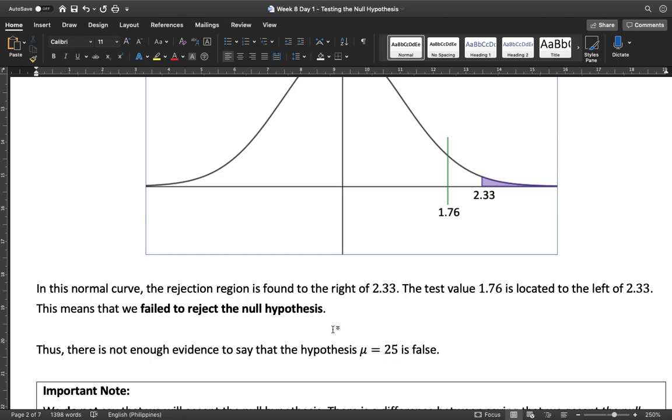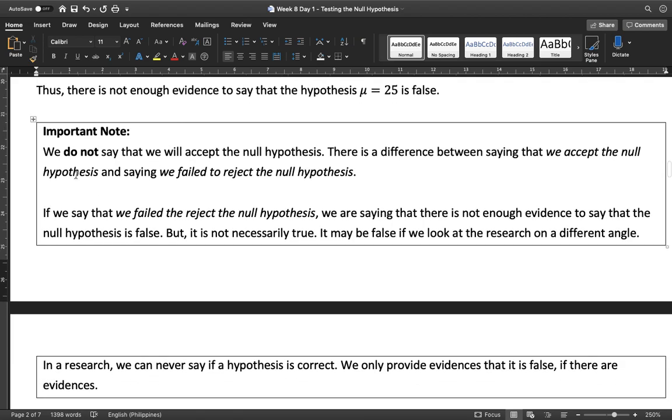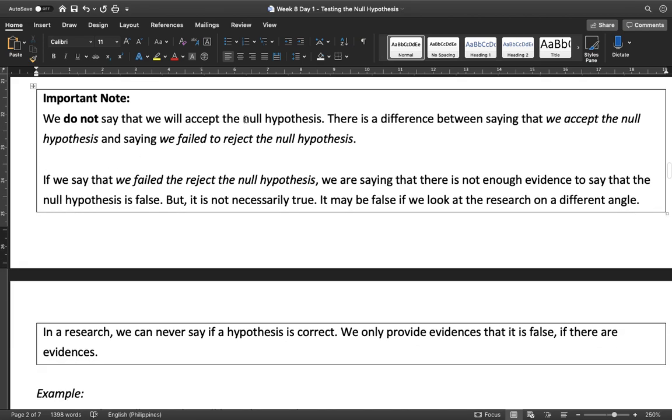There is not enough evidence to say that this is false. Okay? But does it mean na tama yung ito? We're just saying that with our current data right now, hindi siya mali. Okay? Again, important note, we do not say that we will accept the null hypothesis. There's a difference between saying that we accept the null hypothesis and saying we fail to reject the null hypothesis.